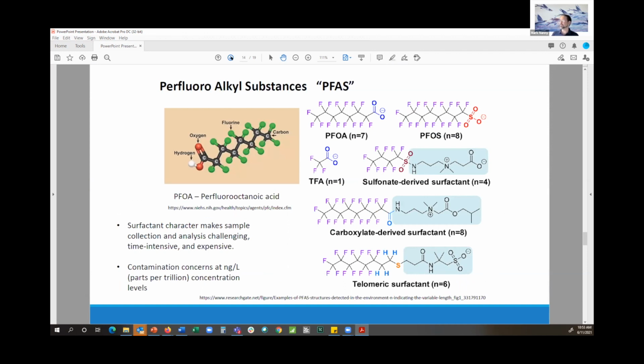The next area we've been working with doesn't directly deal with produced water, but it is a big problem with water resources across the United States, actually around the world. And that is the contamination by perfluoroalkyl substances, PFAS.